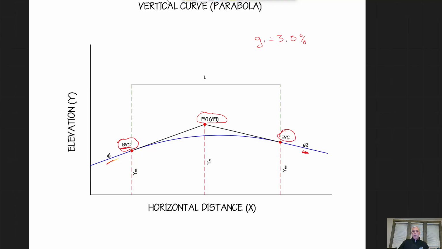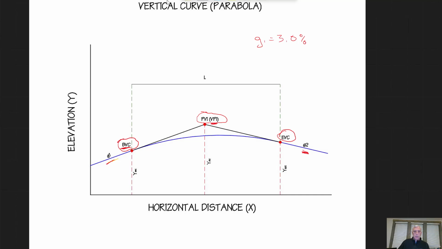The book will change that notation a little once in a while, using VPI instead of PVI. I will probably use PVI because I'm used to it, so just know that they're the same.